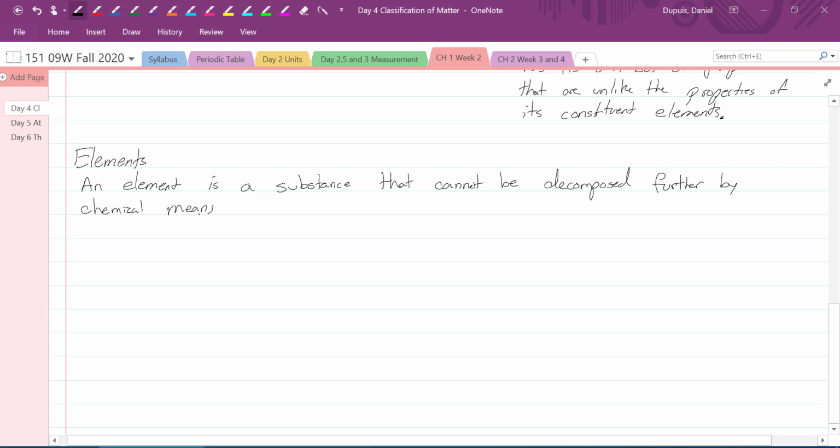All right. So these are the building blocks of matter. We can't break them down in a lab. It's just something we can't do.